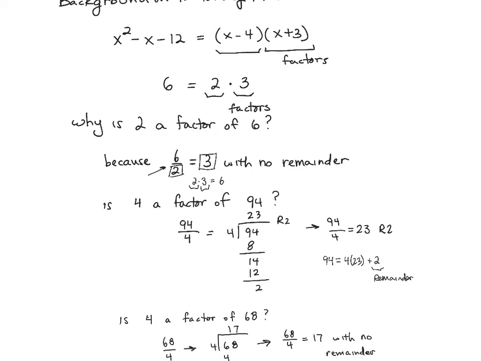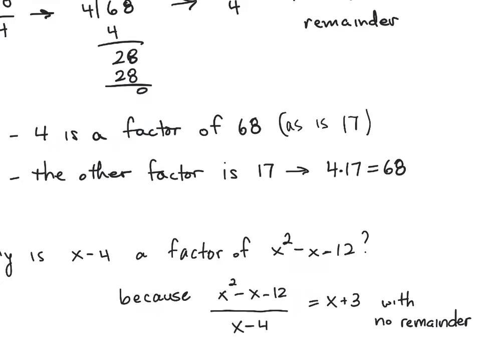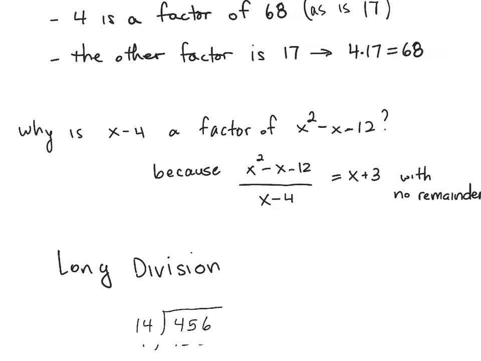But the real answer to why it is a factor is because when we divide x squared minus x minus 12 by x minus 4, we get x plus 3 with no remainder. So x minus 4 times x plus 3 is equal to x squared minus x minus 12. And what we need to learn, or at least review for many of you, is how to do that division.